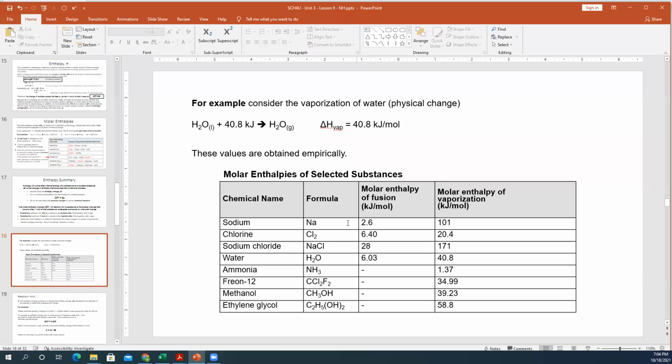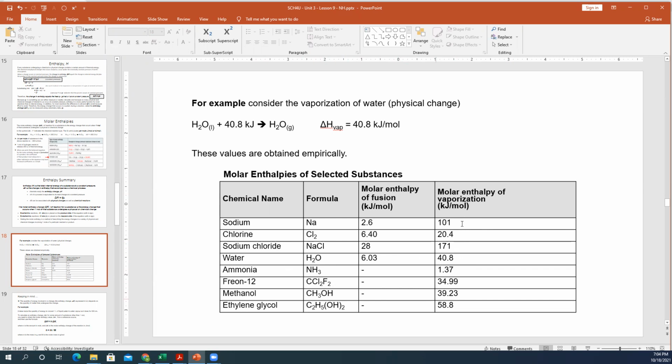For example, for sodium, you could have the molar enthalpy of fusion, or you could have molar enthalpy of vaporization, and they're different values. Same with chlorine, same with water, same with sodium chloride. Or for ammonia, you could have molar enthalpy of vaporization.